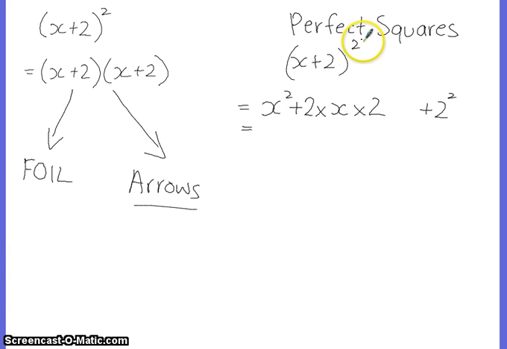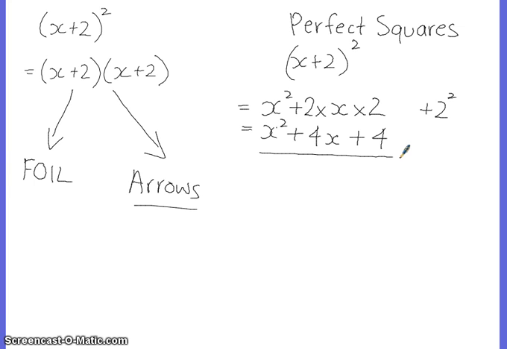It's telling us we're doing it twice. It's up there. So x squared, what's 2 times x times 2? Try and do it in your head, I might ask you. 2 times x times 2. What would that be, Jared? 4x, good. 4x plus 2 squared is 4. We can't simplify that any further, can we?